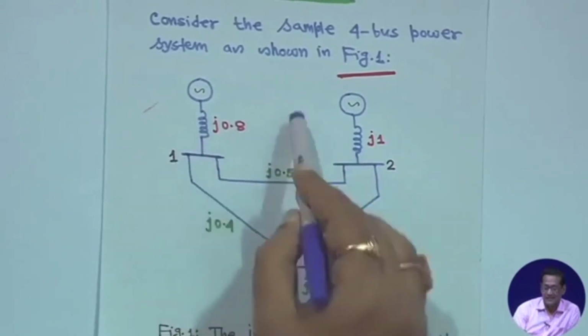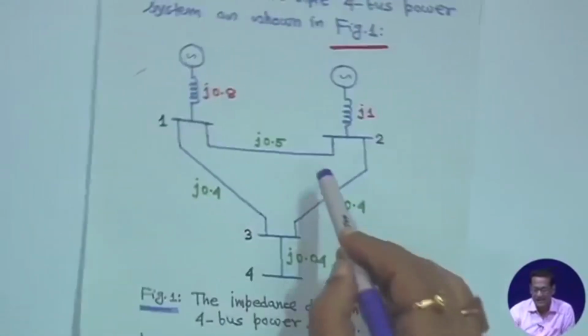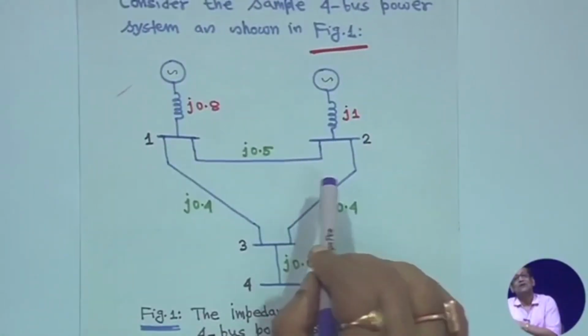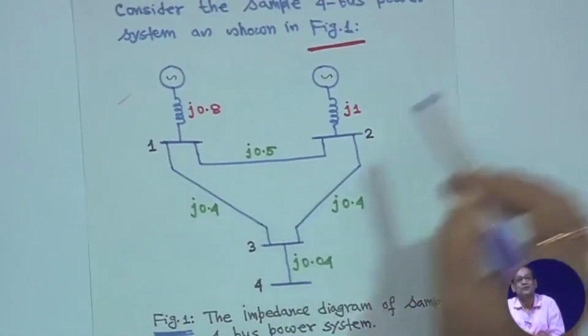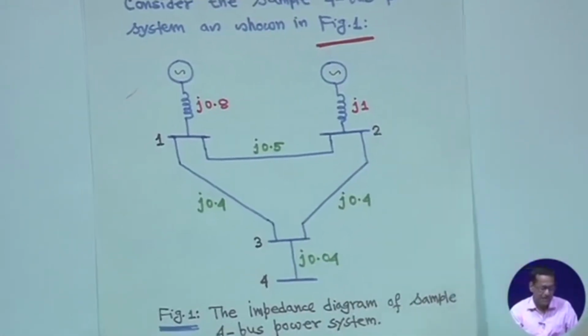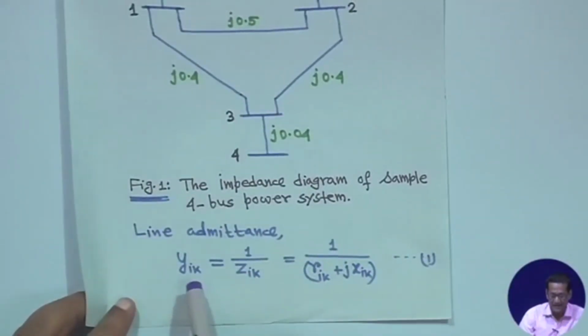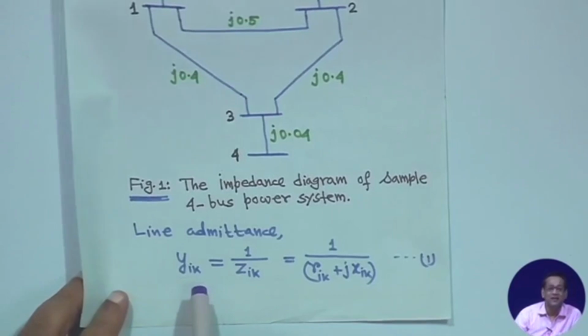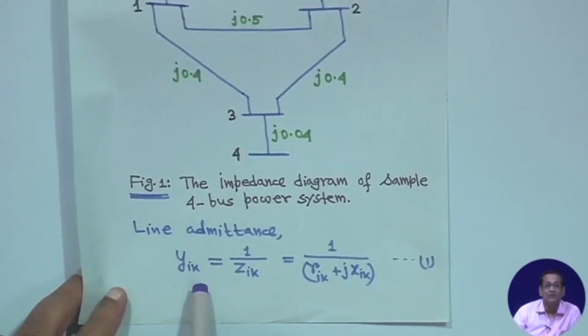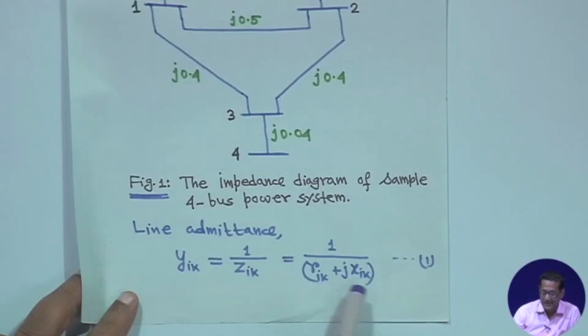So, this is the sample 4 bus power system we have taken, and this is the impedance diagram, but we have not considered the resistance. Generally, as you know, the line admittance for line i to k, between bus i and k, small y_ik is equal to 1 upon z_ik, where small z_ik is equal to r_ik plus j x_ik.